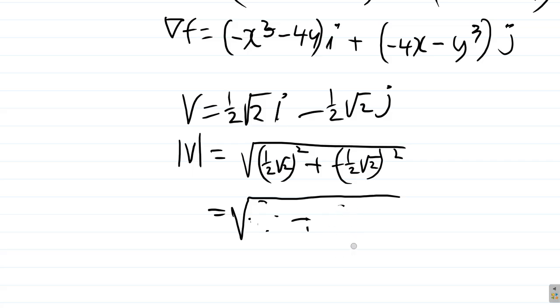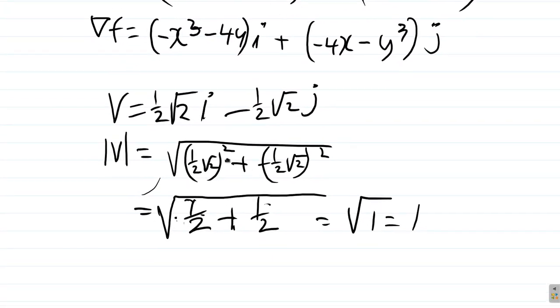A half plus half is 1. The square root of 1 is 1. That will make our work easier, when we get the magnitude of the vector as 1, because it means that the unit vector is going to be the vector over 1, which is the vector itself. Nice.